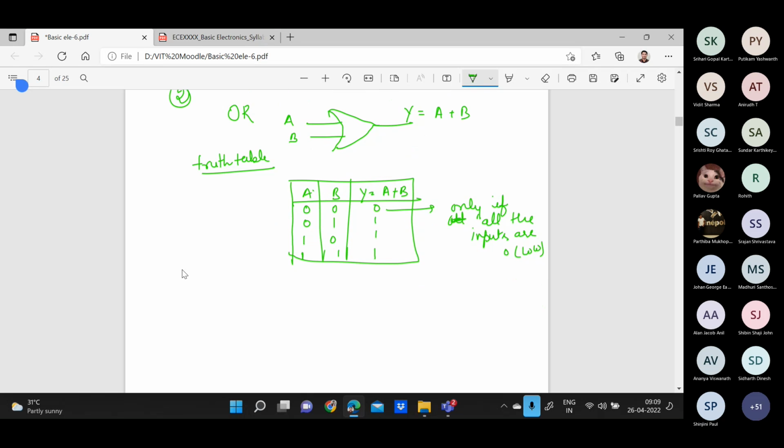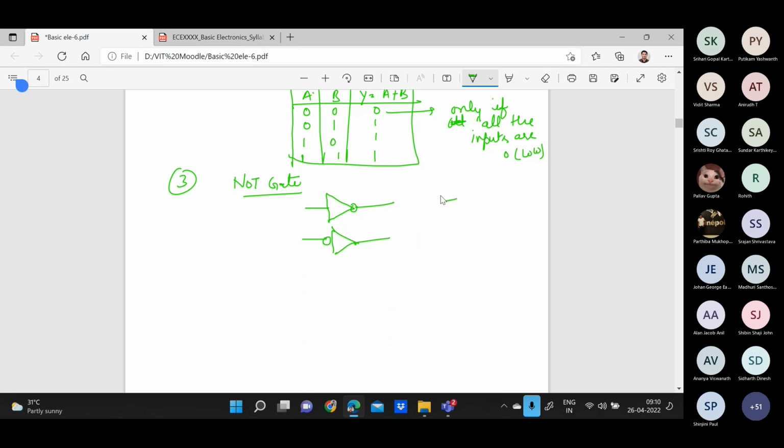Now the third basic gate is the NOT gate. Here in the NOT gate, the symbol that we are using is like this one. Sometimes it is also represented like this one. Both are the same thing. You can draw either this symbol or this symbol.